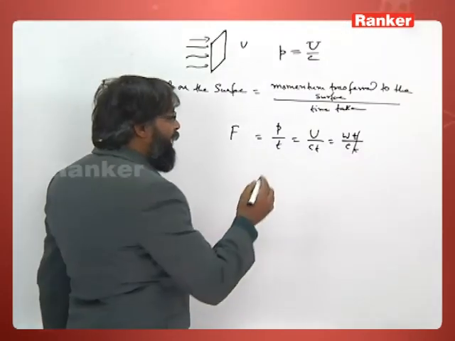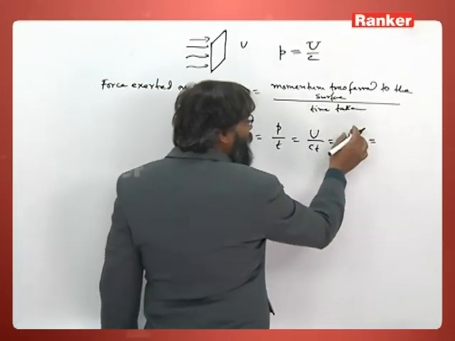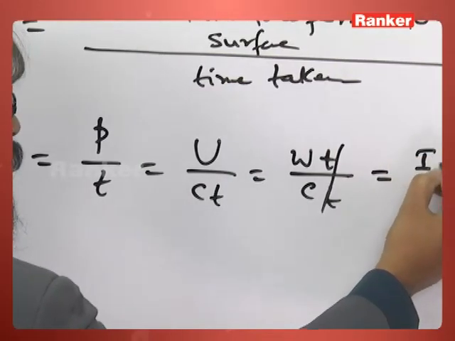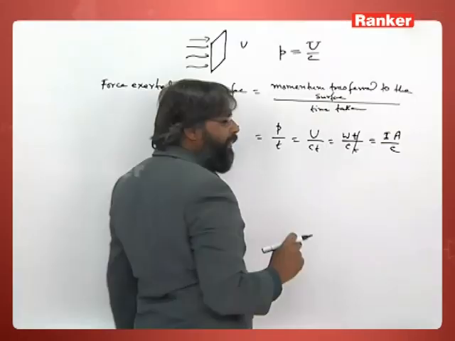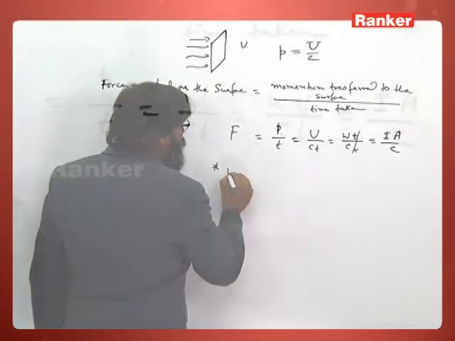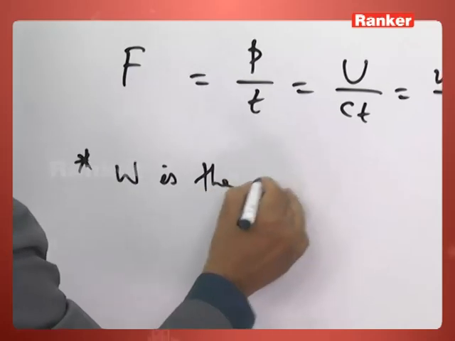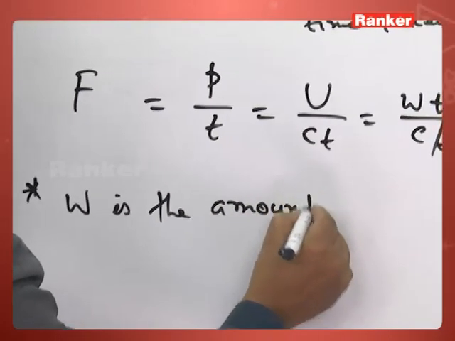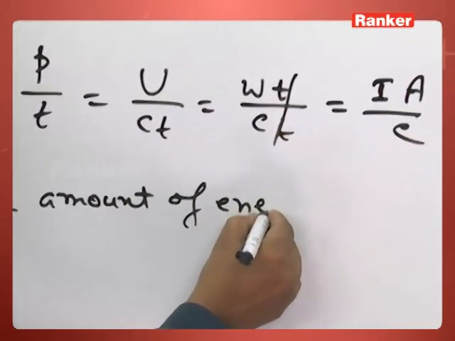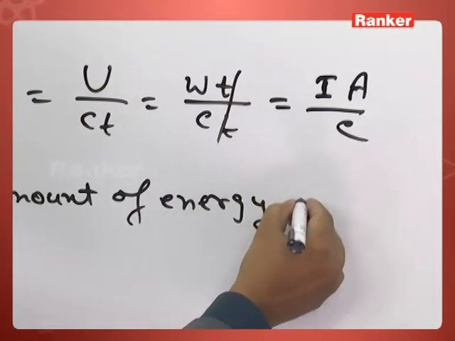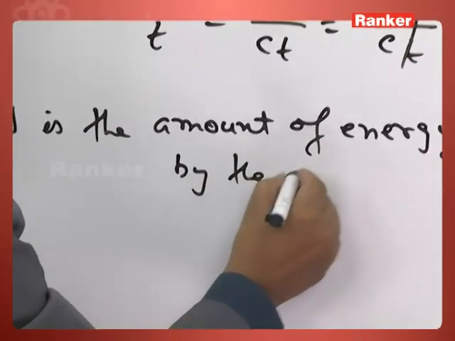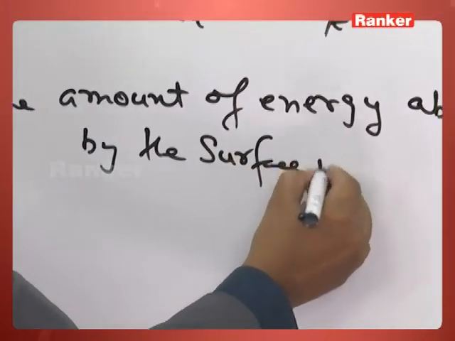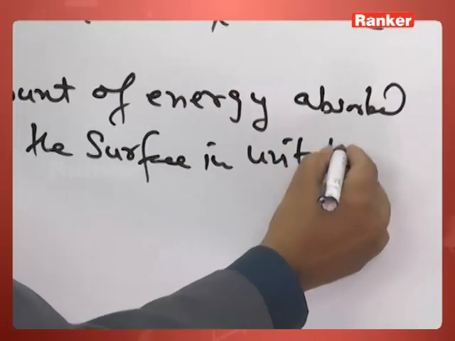In terms of intensity, the force experienced will be intensity into area by C. What is W? W is the amount of energy absorbed by the surface in unit time.